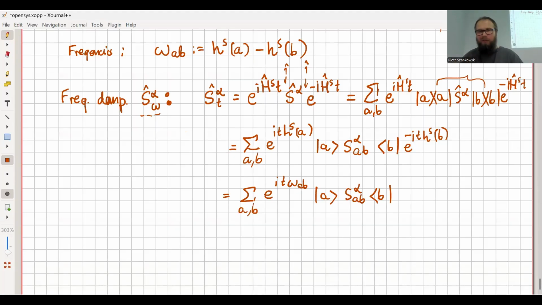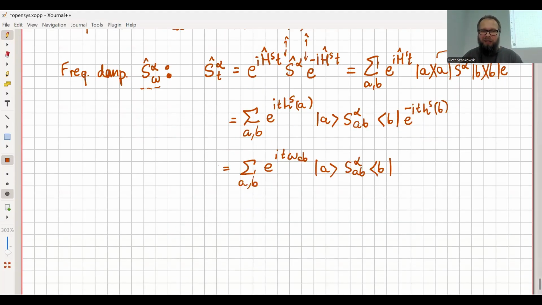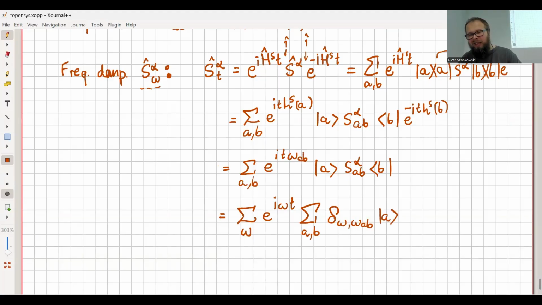And now one more thing we can do here. Make it a sum over omega of e^{i omega t} times the sum over a, b with delta of omega_ab of |a><a|S_alpha|b><b|.